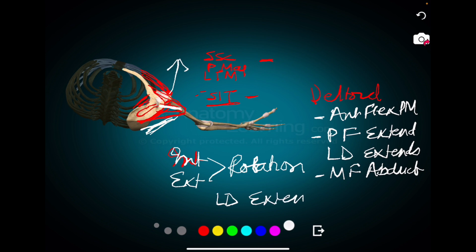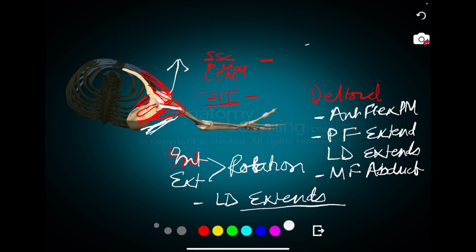The importance of latissimus dorsi is that it extends with the arm totally abducted. So it's the muscle you use when you are doing pull-ups. Latissimus dorsi is a very powerful muscle, and you test it when you can pull something down from overhead. So that is the latissimus dorsi.